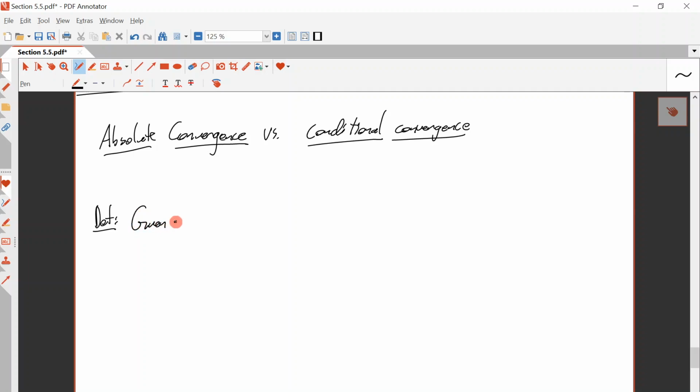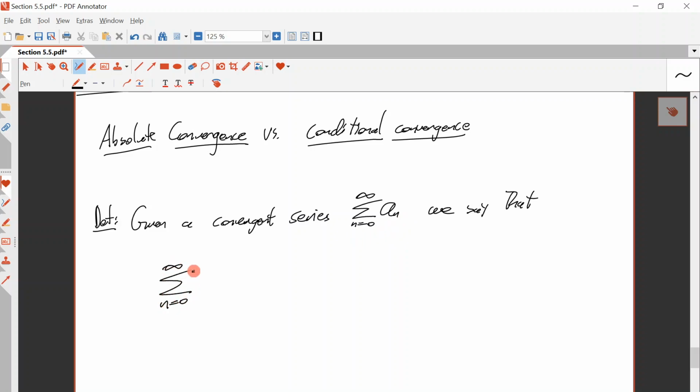So given a convergent series, sum n equals 0 to infinity a_n. So I'm not saying it's alternating or not, or positive term or negative terms or whatever. I'm not saying anything about that. Given a convergent series like that, we say, so this converges. So we say that the sum a_n converges absolutely when it really, really converges.